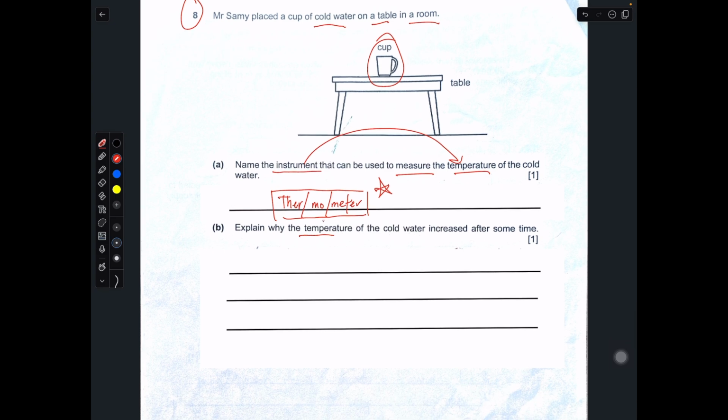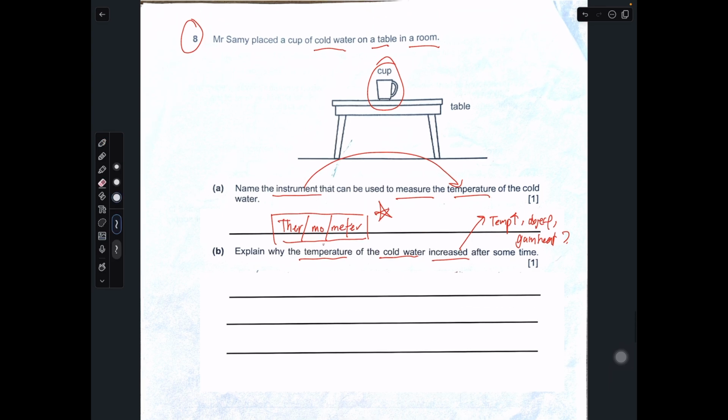So explain why the temperature of the cold water increases after some time. So when the temperature of an object increases, it shows that the object, or rather the ice water, must have gained heat. So now, where did it gain heat from? It is important for you to take note or say where it gained heat from.